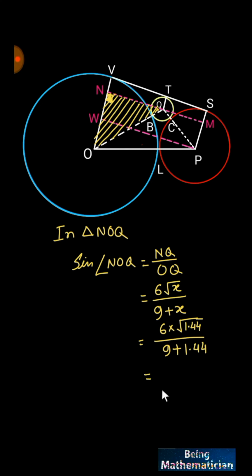So it is 180 by 261. So sine angle NOQ is 180 by 261.